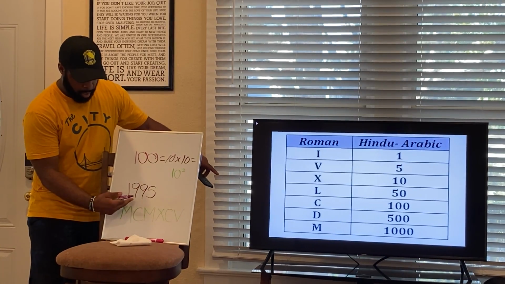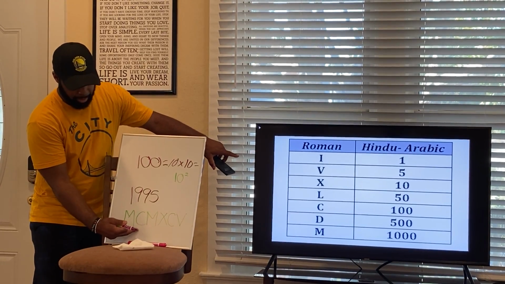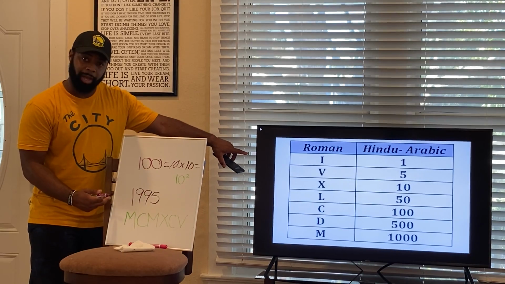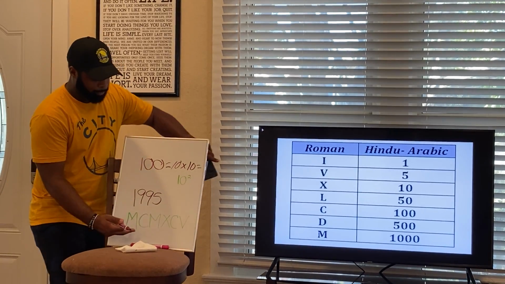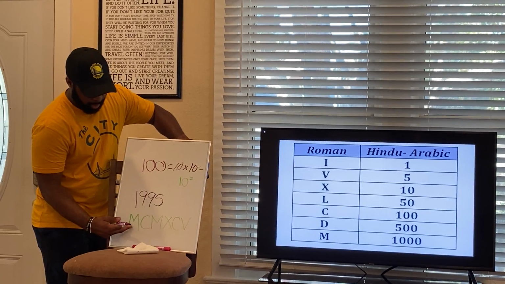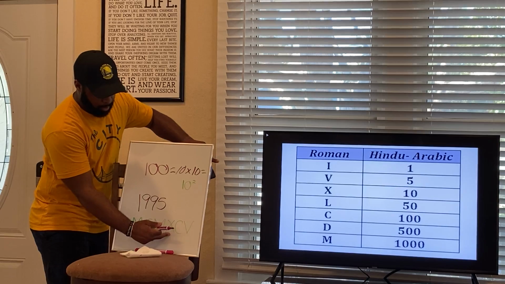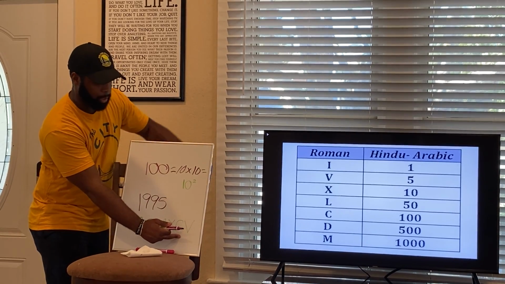We have 1,000, but we need to make the 900. So we did the 1,000 minus 100, which now gives you 900, okay? Now we have the X, so we have 1,900. Now we have the X, which is a 10. The C, which represents what? The 100.